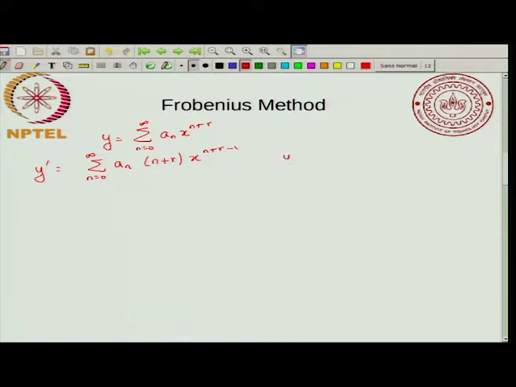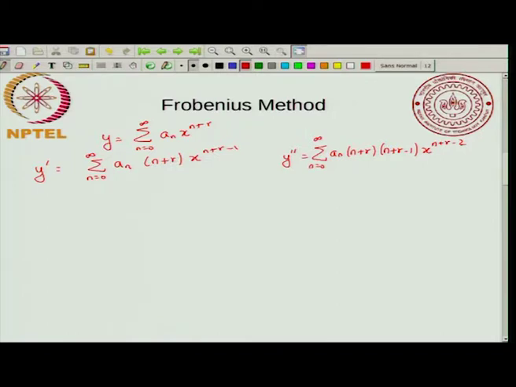Okay. What about y double prime is equal to sum over n equal to 0 to infinity a n n plus r into n plus r minus 1 x raised to n plus r minus 2. Okay. So this is what you start off with. Notice that in the previous case we just had n x raised to n minus 1, here you have n plus r x raised to n plus r minus 1 and so on.